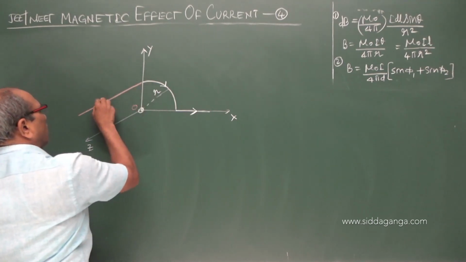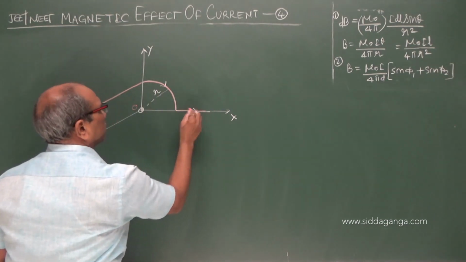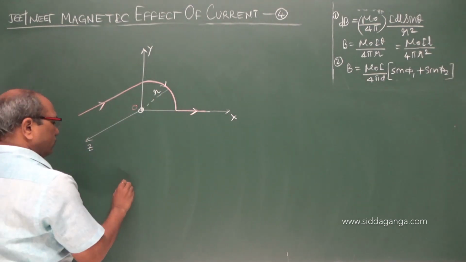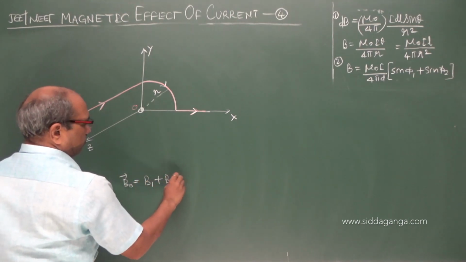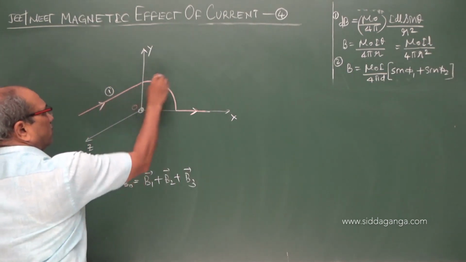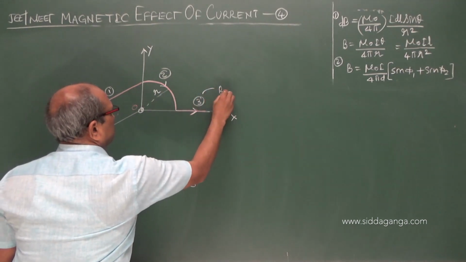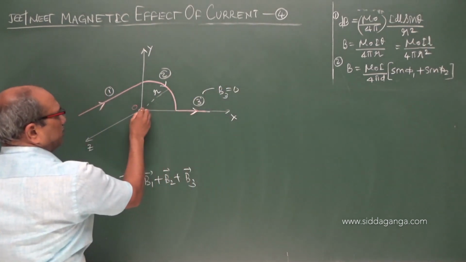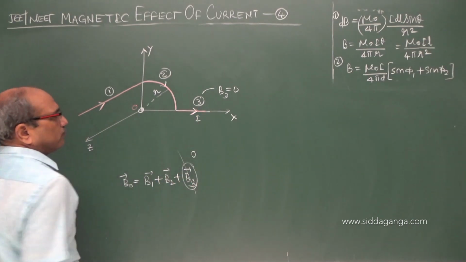This is the wire which carries the current, which I have shown with the red color. To find B naught, B1 plus B2 plus B3, that is the three fields by the first, second and third. But this B3 is 0 because it is in line with the current, therefore I discard it because it is 0.